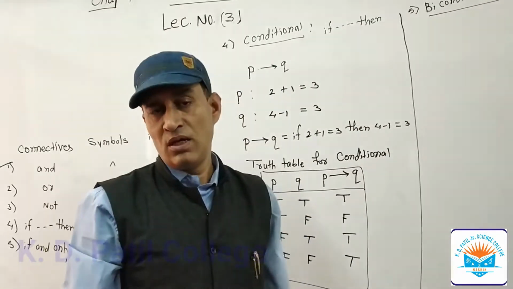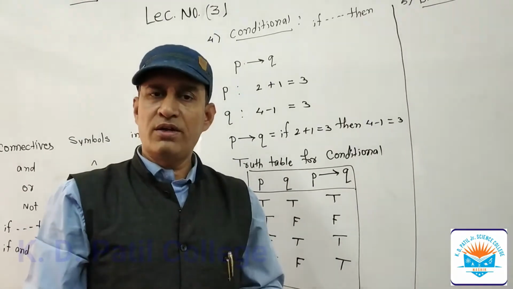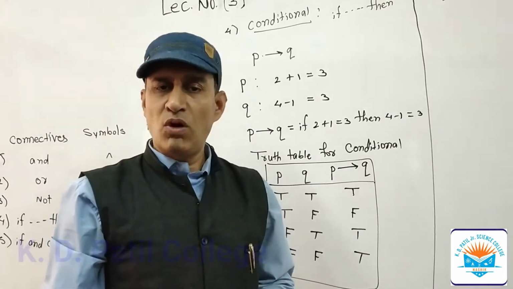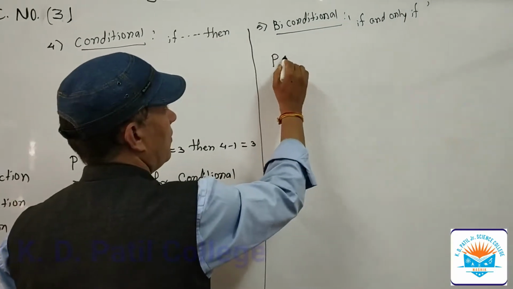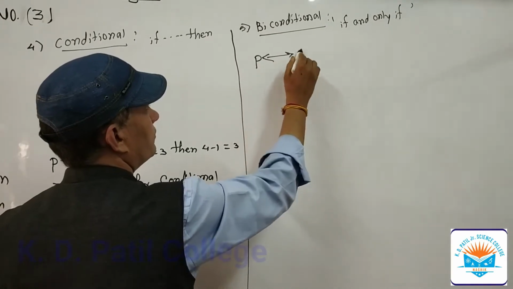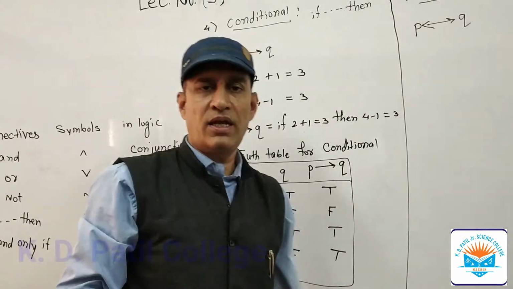In symbolic form, if P and Q are two atomic statements and they are connected with if and only if, then symbolically it can be written as P biconditional Q. A particular example we are taking.